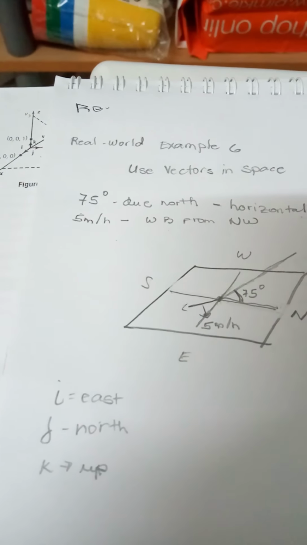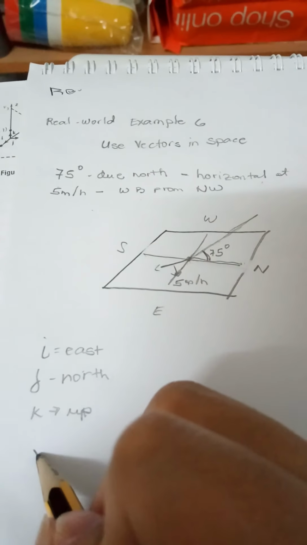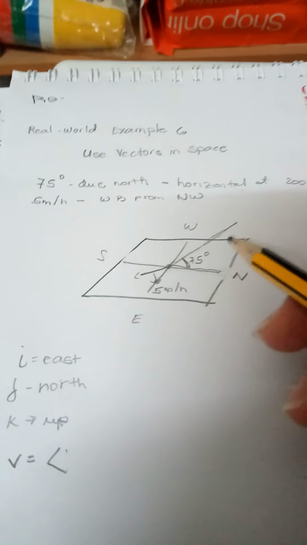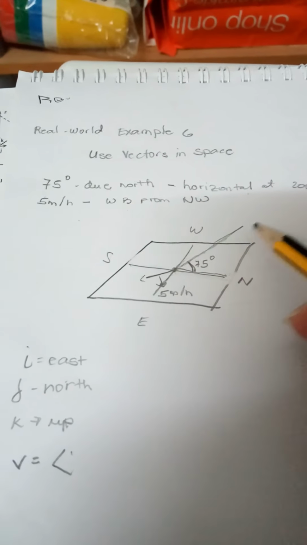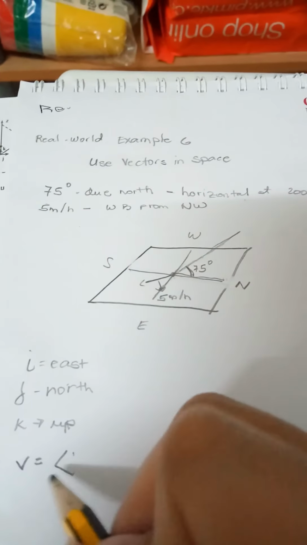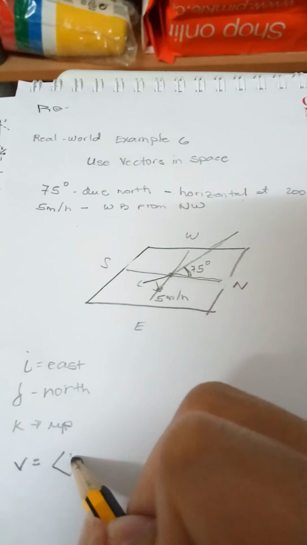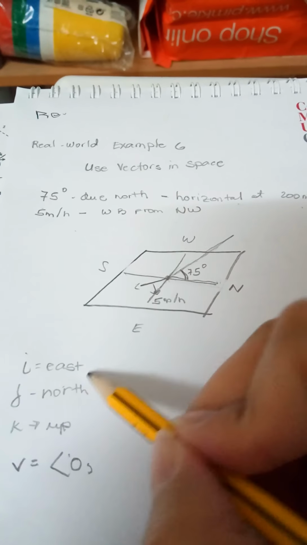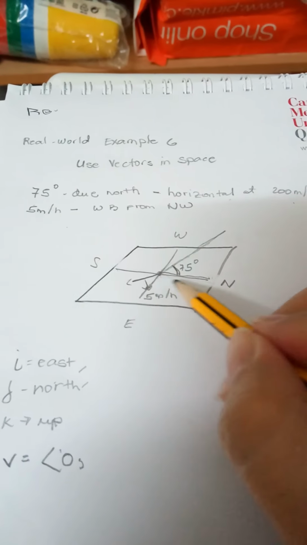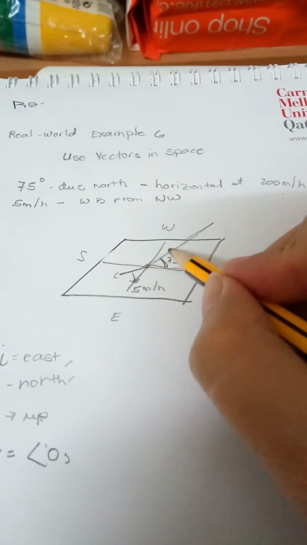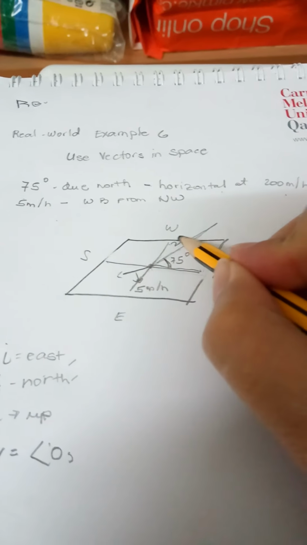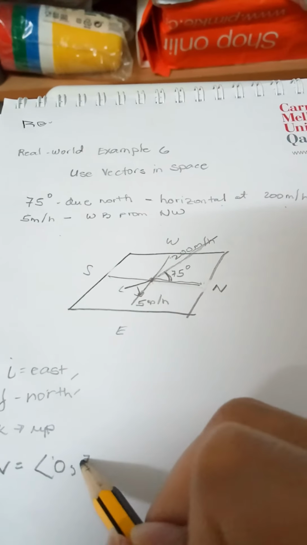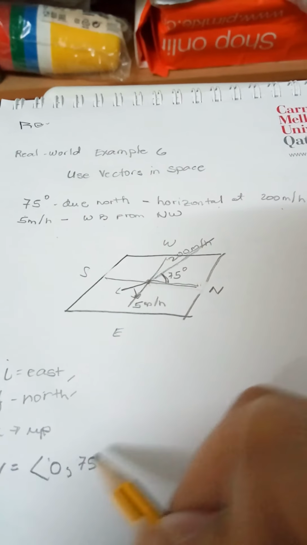Let us represent V, the velocity. From this statement there's no east, so I will indicate that as 0, comma. Then for north, this is 200 miles per hour, so I will write 200.